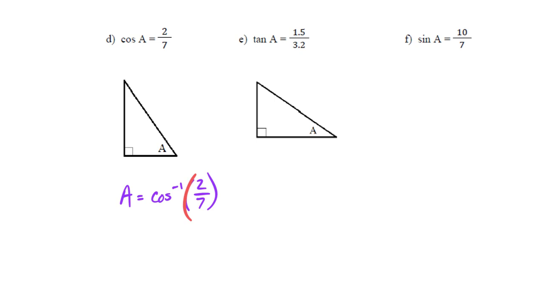What you need to make sure you do not do is calculate the inverse cos of 2, then try to divide that by 7. Your calculator is going to have a problem with that. So make sure that when you hit inverse cos, if your calculator does not open a bracket, you do, and calculate your inverse.